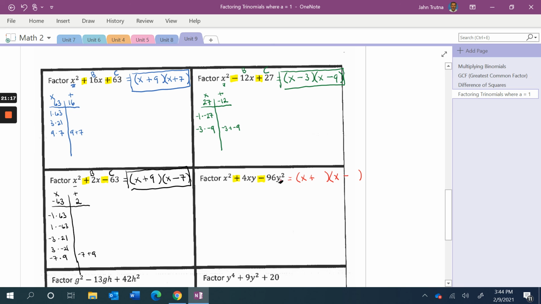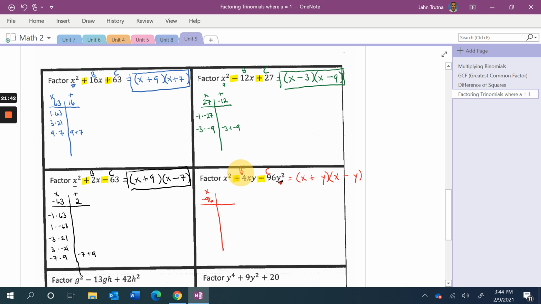Now, because I end in y squared, that means each quantity is going to end with a y. Next to the y, I have to come up with a number. That's where I make my factor chart, where I take my c value, which is negative 96. I'm going to have to find two numbers that multiply to make negative 96.